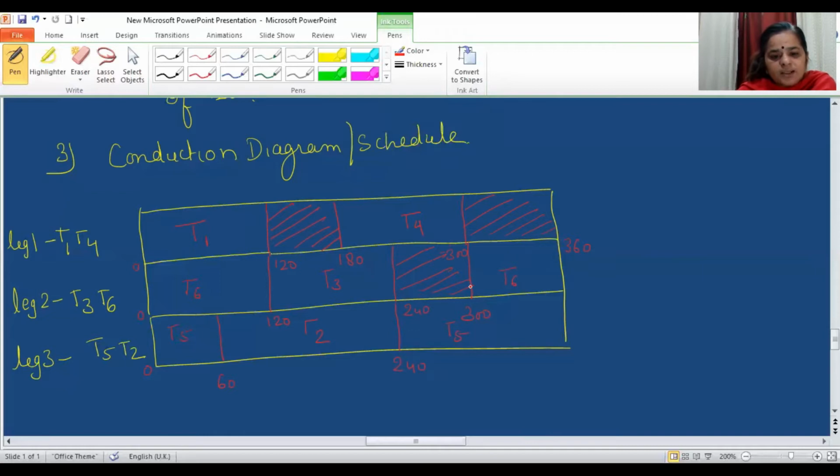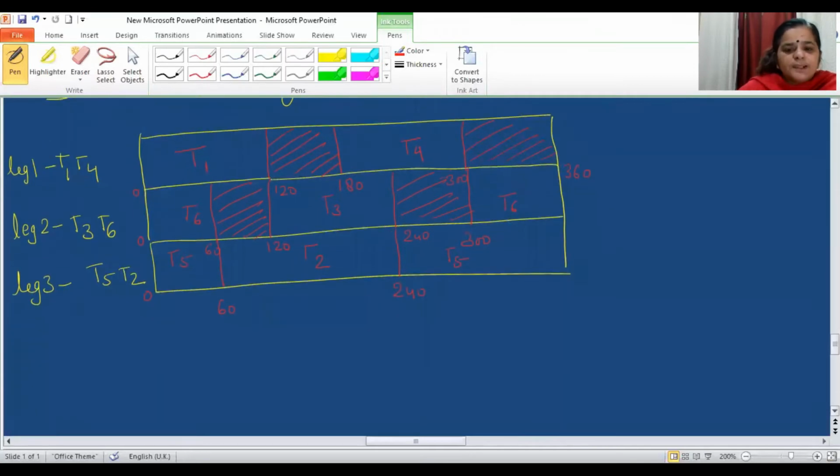T6 starts conducting at 300, so 300 plus 120 will go up to 60. That means T6 will be conducting only up to 60, and 60 to 120 will be the duration when no SCR is conducting. At last, if I see leg 3, T5 starts conducting at 240, and if I add 120 to this, that is up to 360. That means T5 will be conducting up to 360, and 360 means 0.